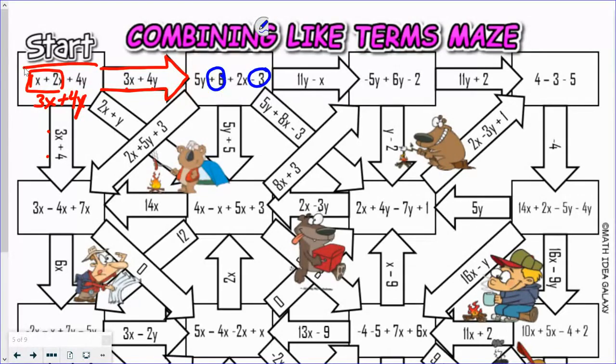A 6 minus 3. Now, I can rewrite and use the commutative property and put my 2x first, plus a 5y, plus a 3. So if you notice, only one of them has the plus 3. And it doesn't matter about the order of the addition, because that is our commutative property.